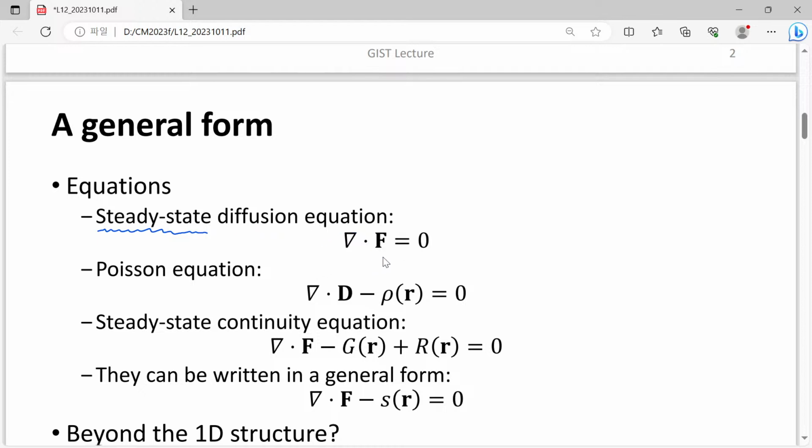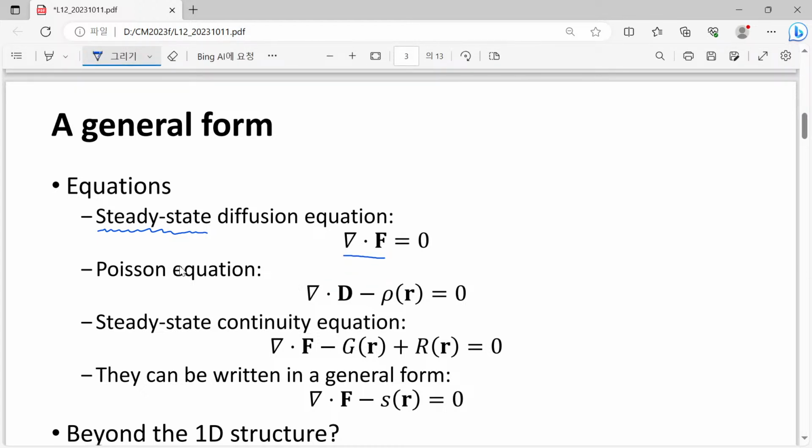So there is no divergence of this flux vector F. And how about the Poisson equation? Of course you have not studied these two equations, but you will soon in this course.